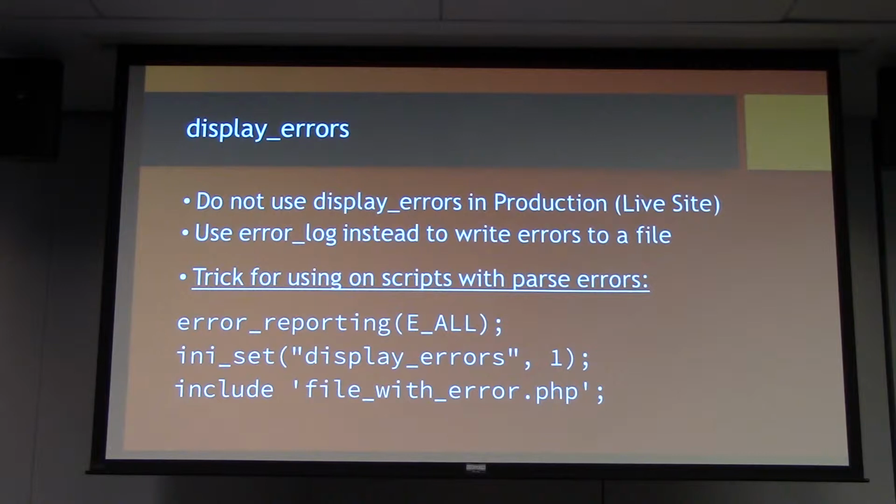It's really important that display errors is never used in production or live sites. You do not want these error messages showing up, giving information that hackers could potentially exploit. So display errors and turning on error reporting is great for your sandbox and your development environment, but never make sure it's turned on in a production site.